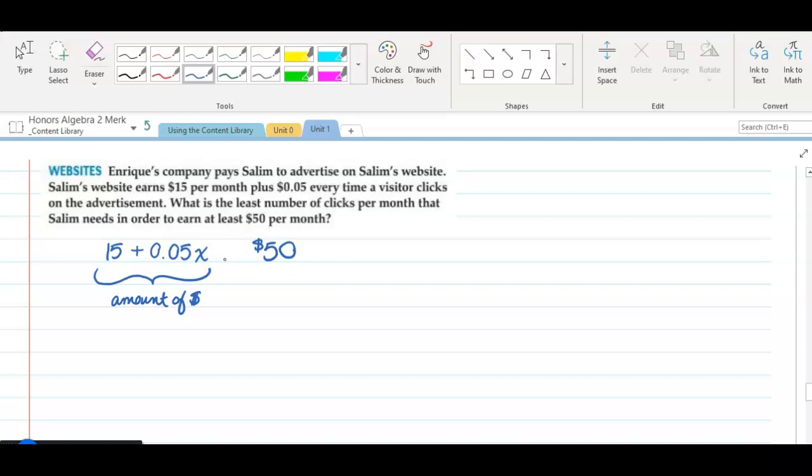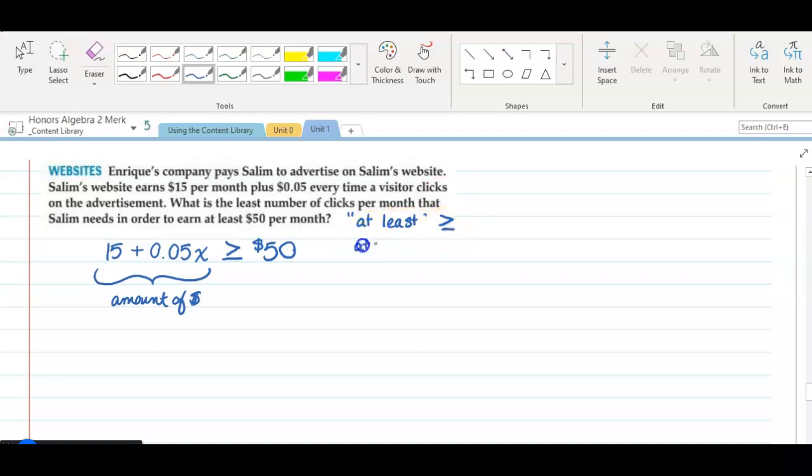If you have at least $50 in your pocket, do you have more than 50? Equal to 50? Less than 50? What would you have? You might have exactly 50 or more than 50. That's what at least means. At least can be translated to a greater than or equal to symbol.